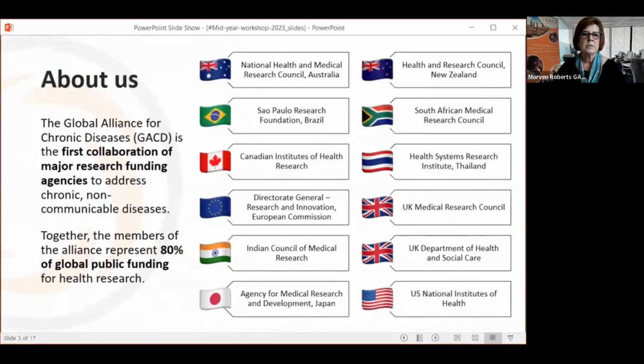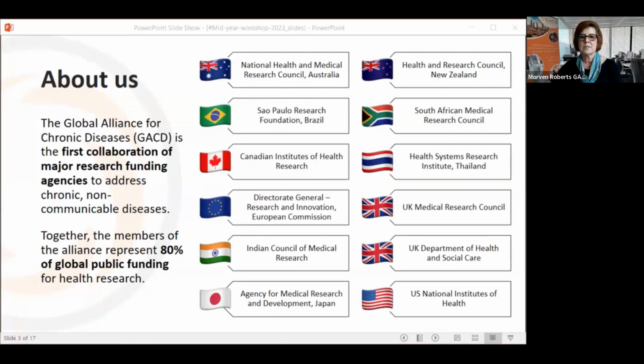So GACD was established in 2009. It's the first and it remains the only collaboration of international research funding agencies who have come together to tackle chronic non-communicable diseases. Together, the Alliance members represent about 80% of global public funding for health research.